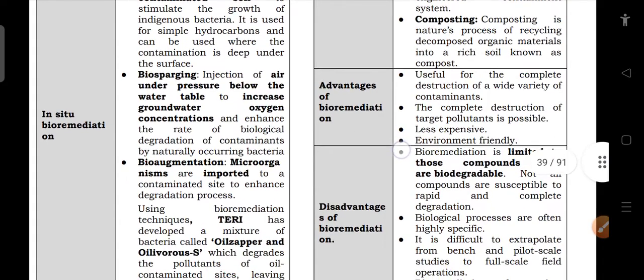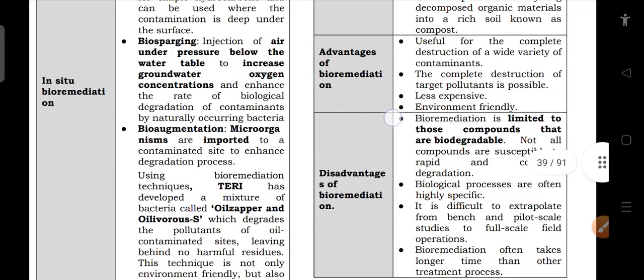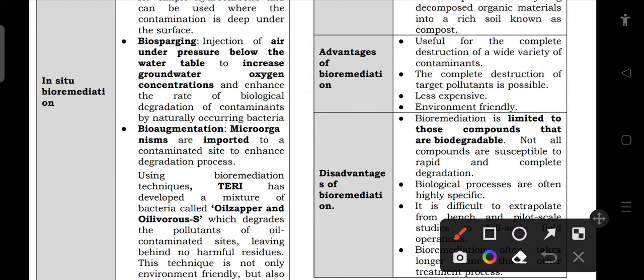The next step is bioaugmentation. So here the microorganisms are imported to a contaminated site to enhance the degrading process. So this is again to increase the degradation process. Microorganisms are being imported.